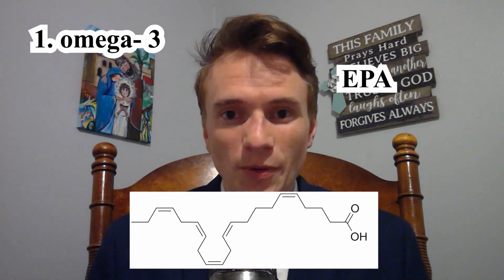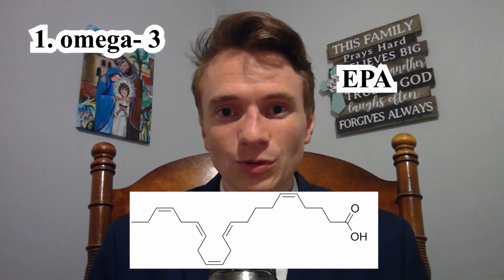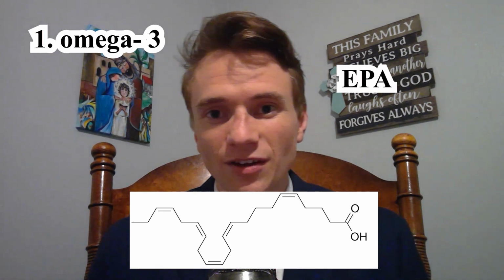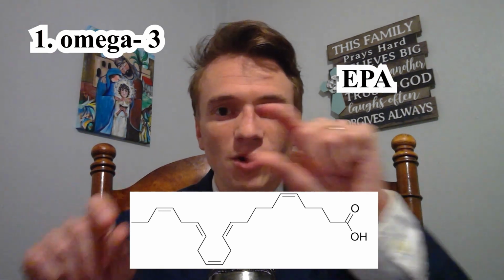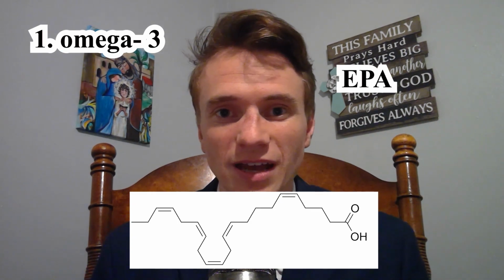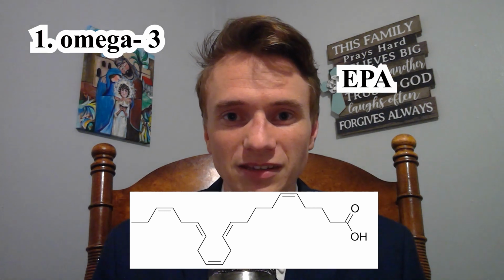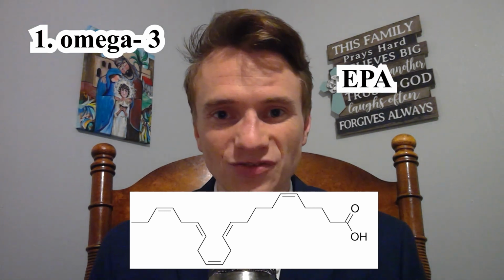Eico means 20 in Latin. Penta means 5. So eico 20, penta 5. So 20 carbons in the chain plus 5 double bonds. So that's what it means. Eicosapentaenoic acid. And the acid part just represents fatty acid.